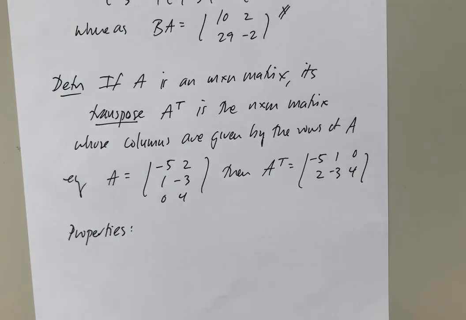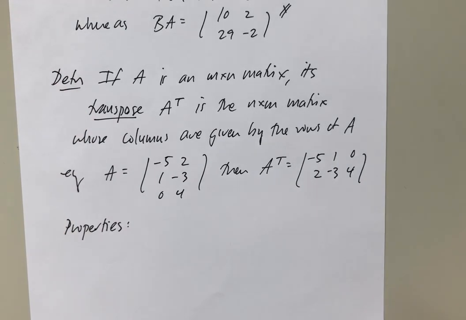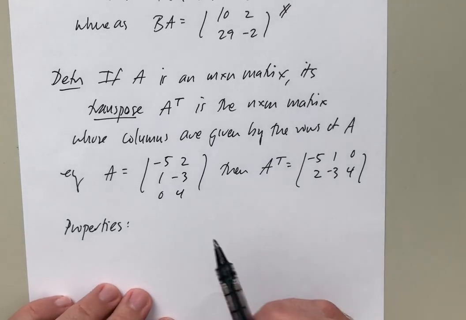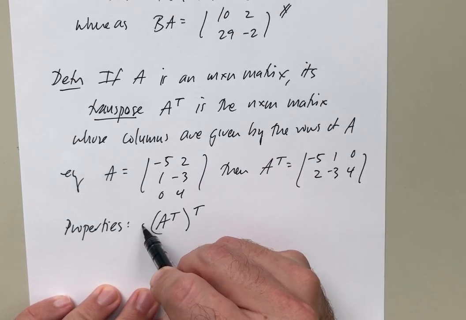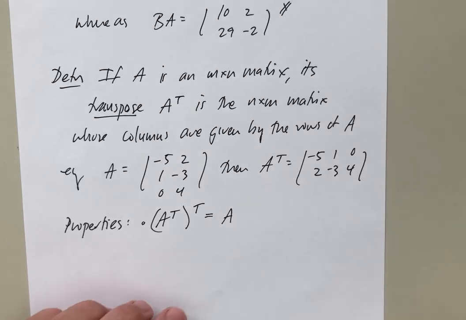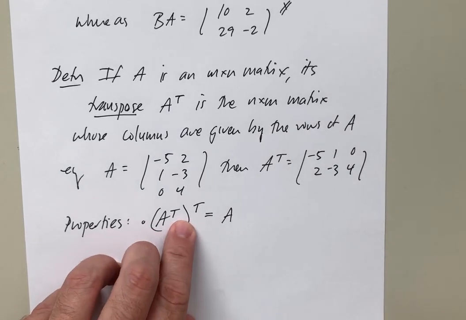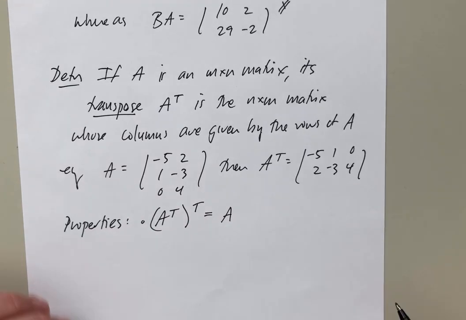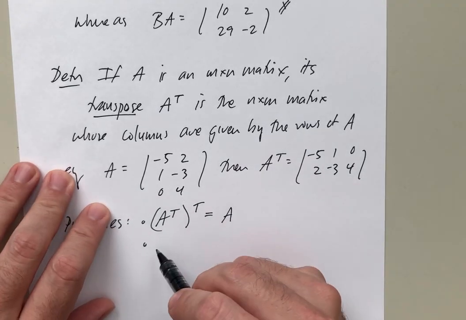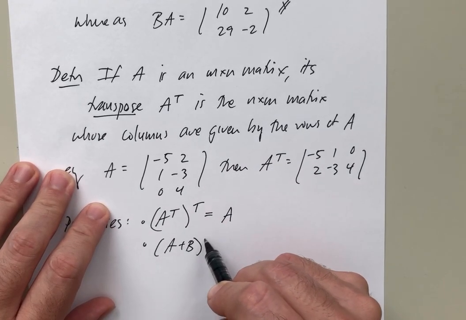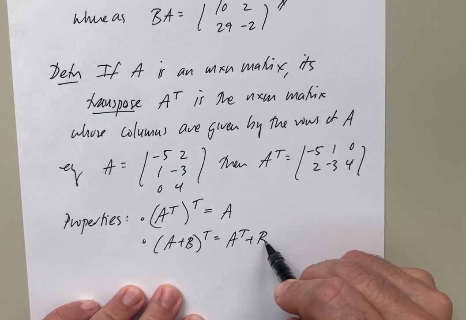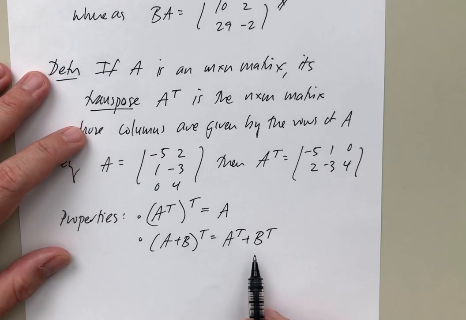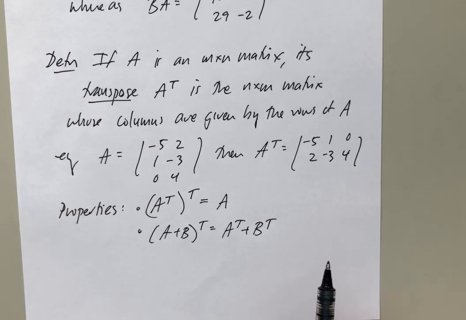Some properties I want to write down, and we might talk about in discussion a bit more: what happens when you take the transpose of the transpose? That's just the same as A, because if I make the rows the columns, and then make those the rows again, I'm back to A. Another not too hard thing to see is that if I take the sum of two matrices and take the transpose, I might as well have transposed each of the matrices and added them.